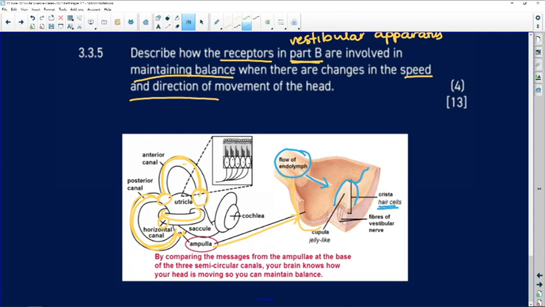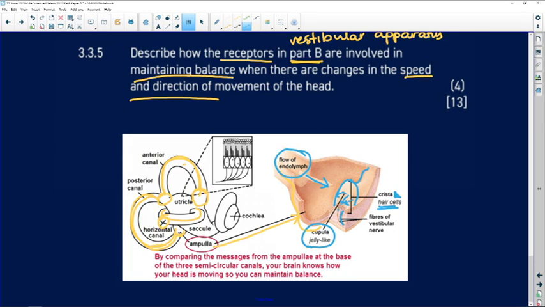And the hair cells are called crista or cristae inside this cupula, and they are going to bend over depending on the direction or position of your head. And of course, if it's a sudden movement, they'll bend over quickly. If it's not so much of a sudden movement, they won't bend over as quickly.